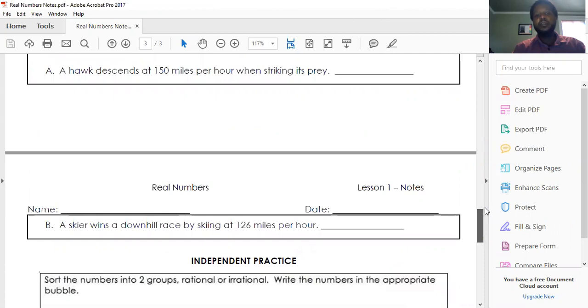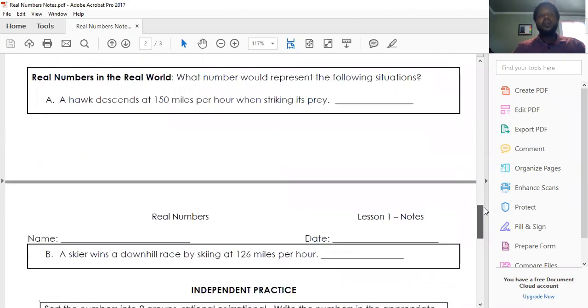All right. So, real numbers in the real world. What number would represent the following situations? If we have a hawk that is descending at 150 miles per hour when striking its prey, well, we have to figure out what the word descend means.